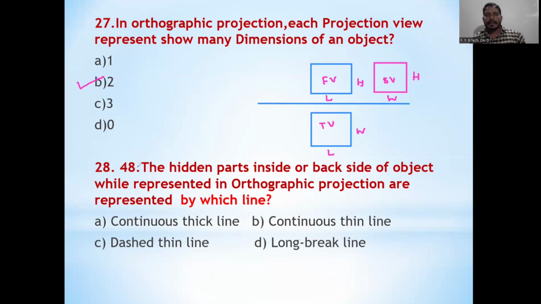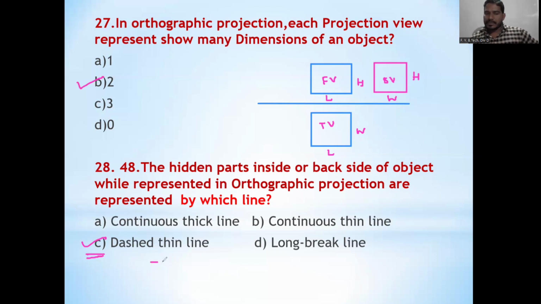Okay, the next, 28. The hidden parts inside or the back side of the object in orthographic projection are represented by which line? We already discussed this; it has just been asked in a somewhat different way. The hidden parts are shown by the dashed thin line, which is also called the dotted line.